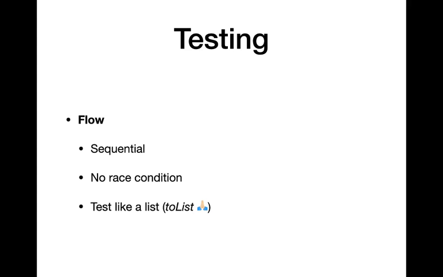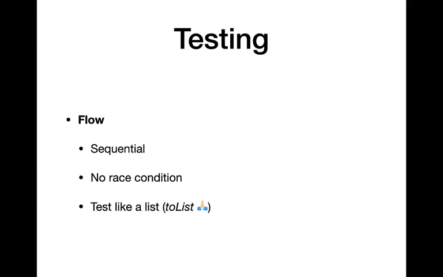So we can get all the data inside the flow and put it inside a list with toList, and use the list operators to test your flow. That's very cool. Let's see how we can test suspend functions like LiveData with coroutines first, and then we're going to see how we can test Flow.